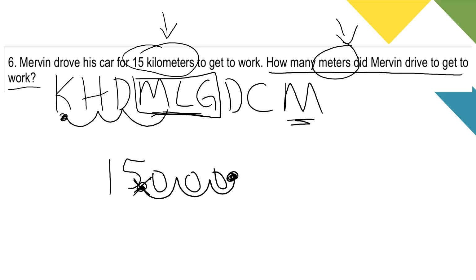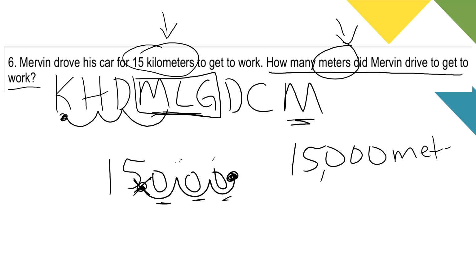Notice that I'm putting my zeros down inside those pockets. Do not sit them on top up here because sometimes that gets some people confused and they end up with too many zeros. So make sure you send them in the pocket, literally in the empty spaces. Okay, and then my answer will be 15,000 meters.